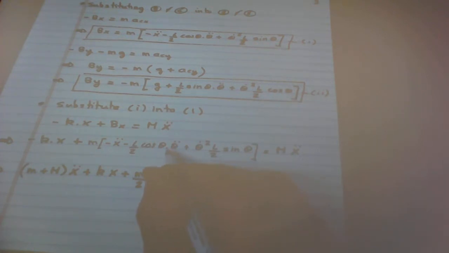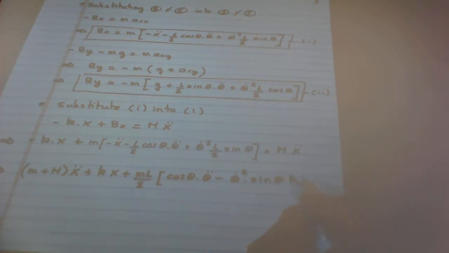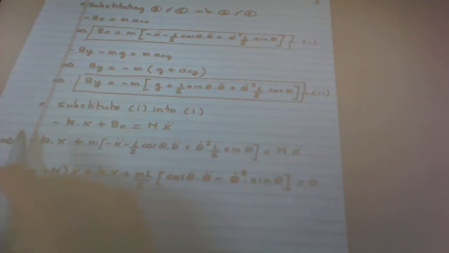Of what? Cosine theta. Cosine theta. Theta double dot minus theta dot squared sine theta. Yeah, thank you. Equals 0. Okay?